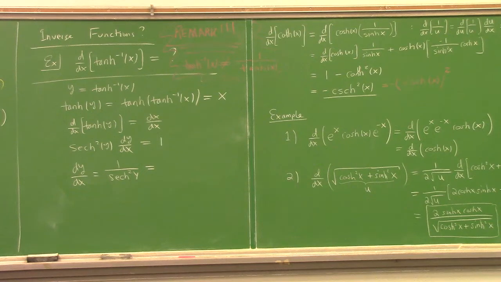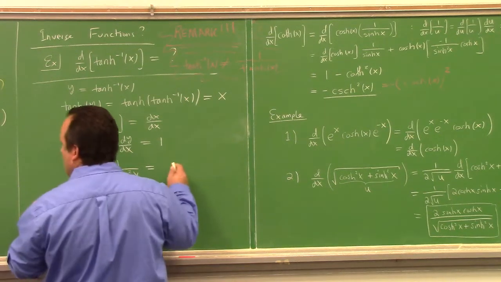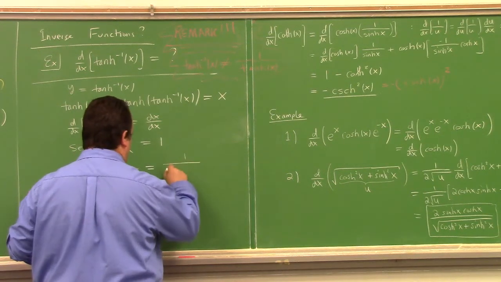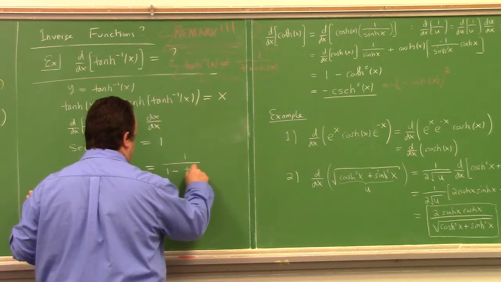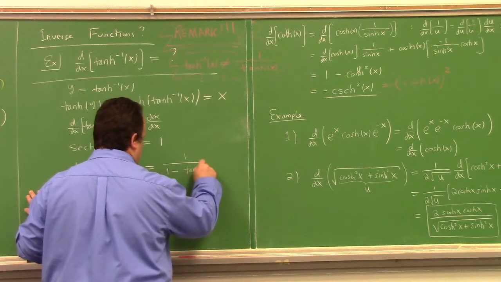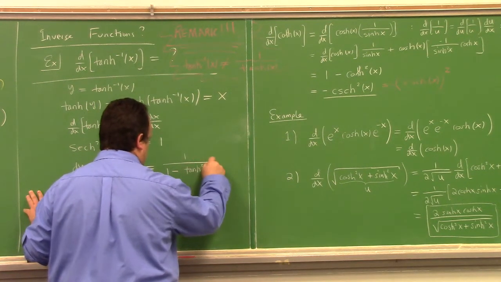At the start of class, we derived 1 minus tangent squared equals hyperbolic secant squared. So this is 1 over 1 minus hyperbolic tangent squared of y, which is what?